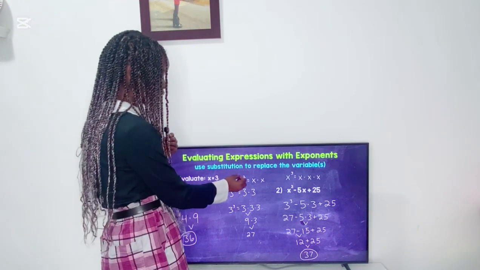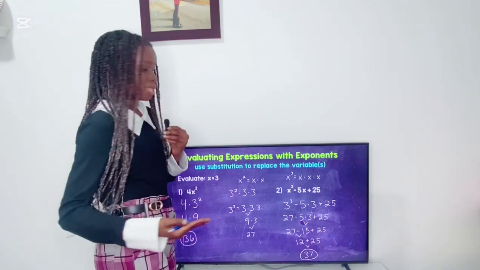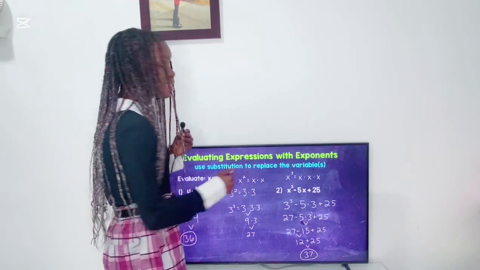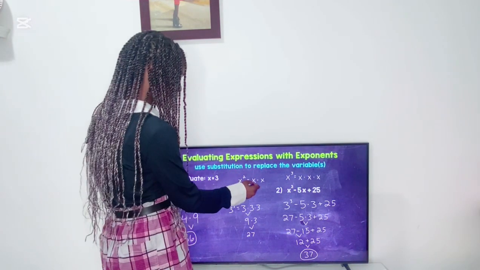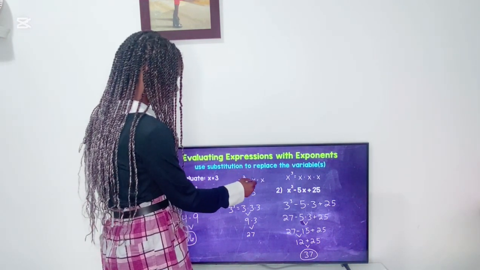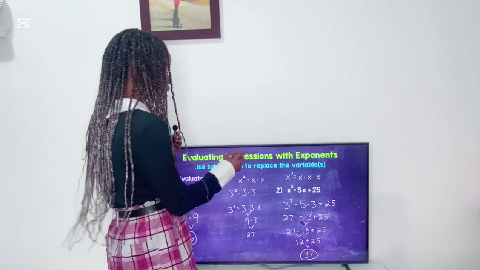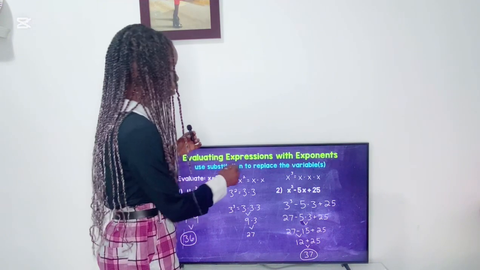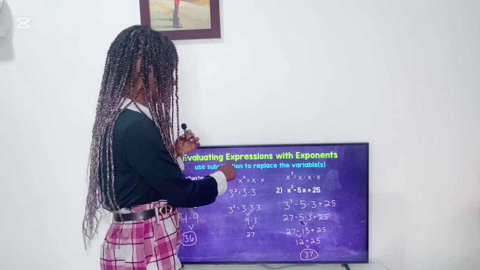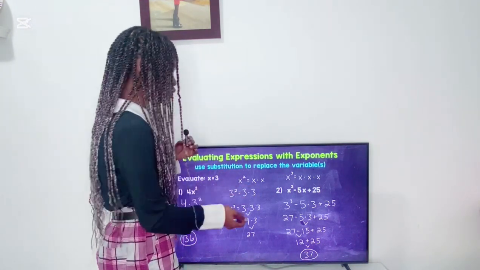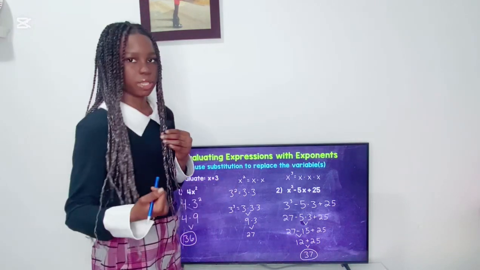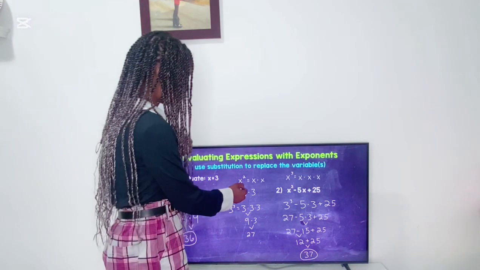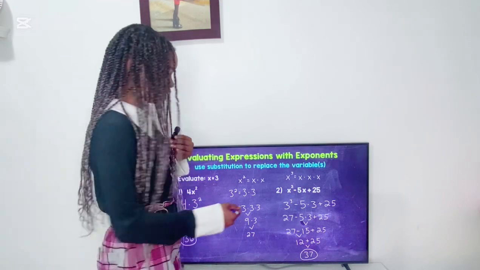So for example, if we have x raised to the power of 4, what is that going to be? X times itself 4 times. X times x times x times x. Okay? So when we're talking about x raised to the power of 2, we don't mean x times 2. We don't mean 3 times 2, because if we do 3 times 2, that's going to give us 6. But if we do 3 times 3, that is going to give us 9.